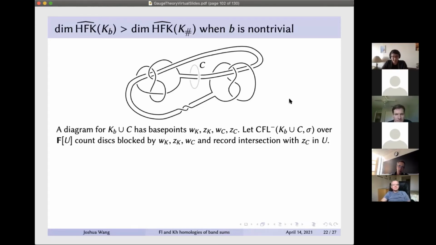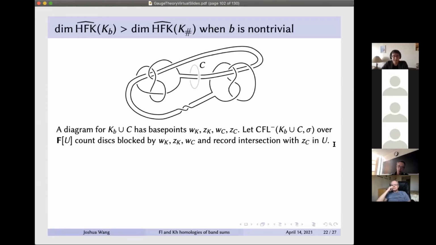It won't be the standard version, but specifically, I have a chain complex freely generated over the ring F adjoin U, generated by the Heegaard generators, and the differential counts disks that are blocked by 3 of the 4 base points. So it's going to be blocked by both base points corresponding to K_B and one of the base points corresponding to C. And the disks are allowed to pass over the remaining base point, by just recording algebraic intersection number in the power of U. So this isn't the standard version of link Floer homology, but it's a standard construction in Heegaard Floer theory.